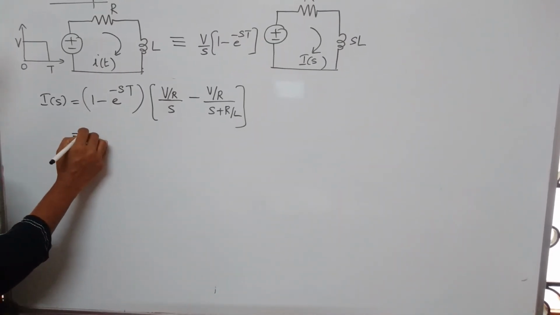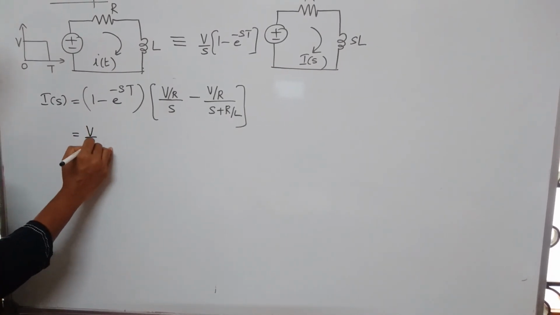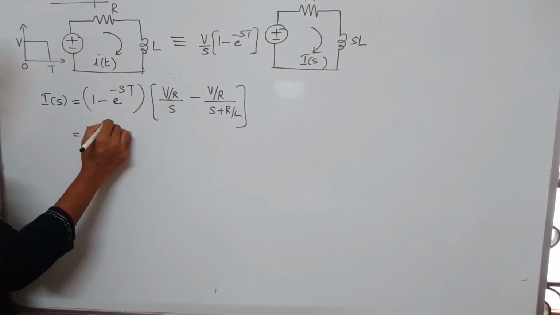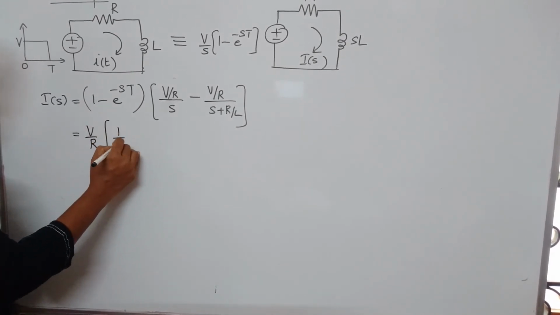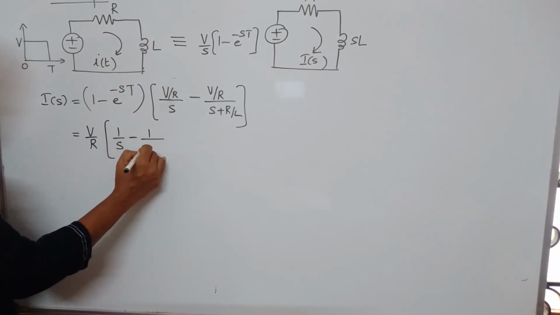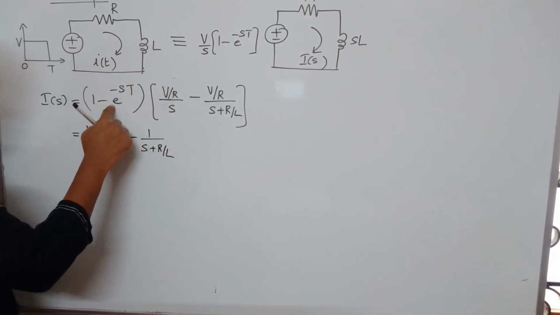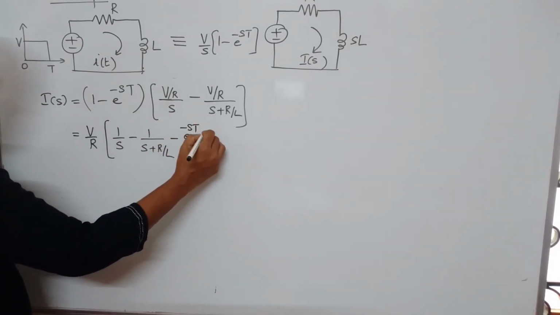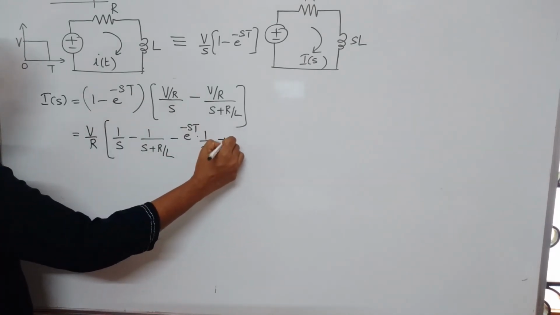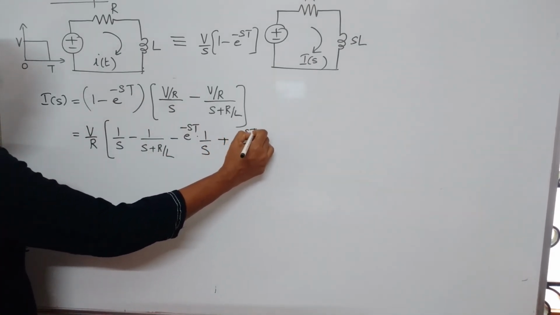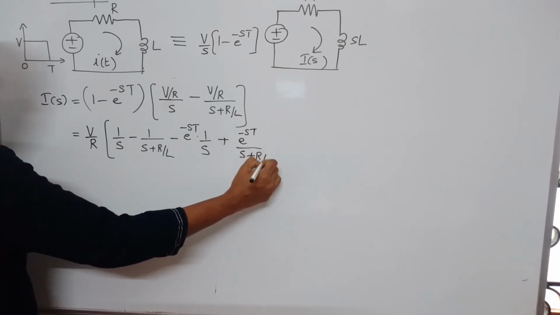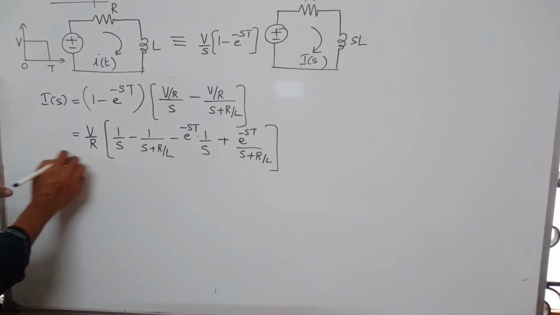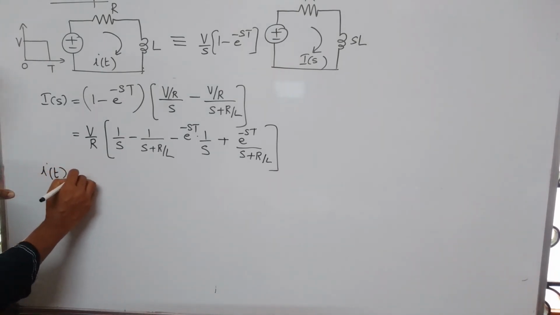Let's expand this. V by R, let's take this V by R also out. So V by R into 1 by S minus 1 by S plus R by L minus e raised to minus sT into 1 by S plus e raised to minus sT by S plus R by L. Now we can write the inverse.